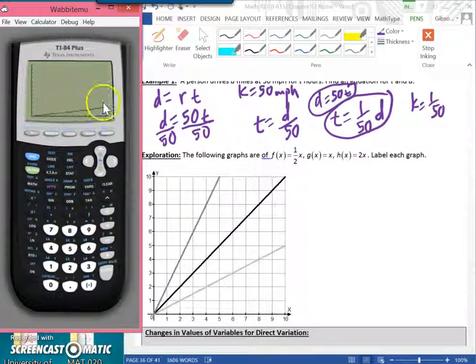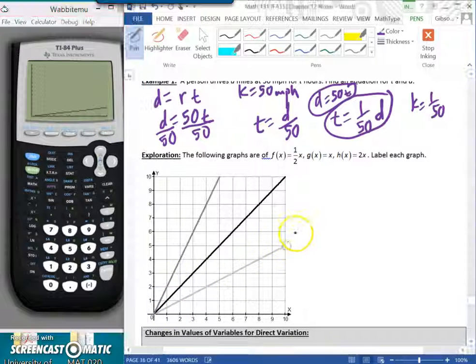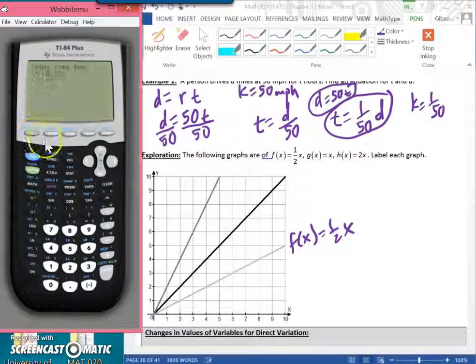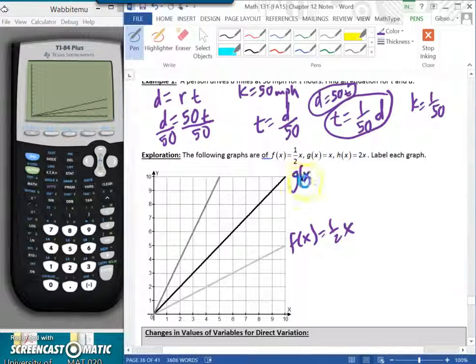Now if you notice here, this 0.5 is the lower of the three. So that would mean that this is f of x is equal to 1/2 x. Now we could go back to the y equal, and then turn on the second graph. We press enter on the equal sign and press graph. We notice that that is the middle. So that would be g of x is equal to x.